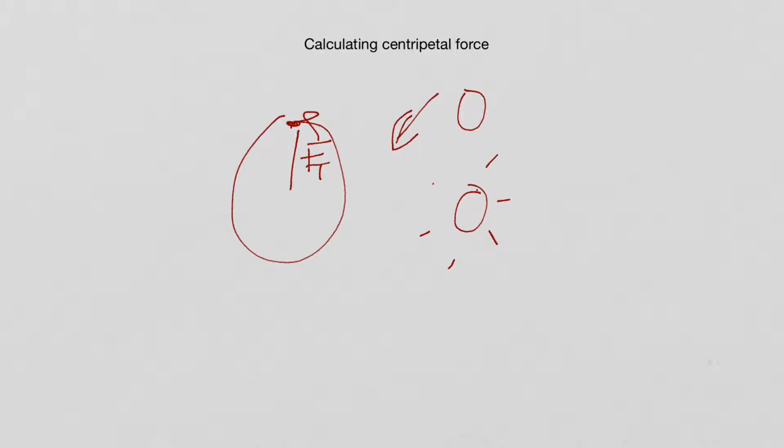This force, the force of gravity, or even the frictional force of a car going around a curve, because the force of friction is what makes it possible for you to go around, or even to drive at all. So the centripetal force going around a curve is actually a frictional force.